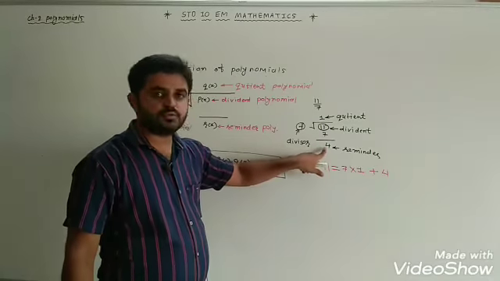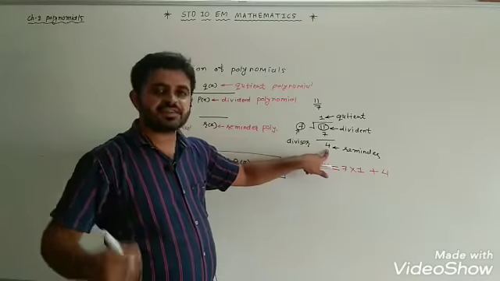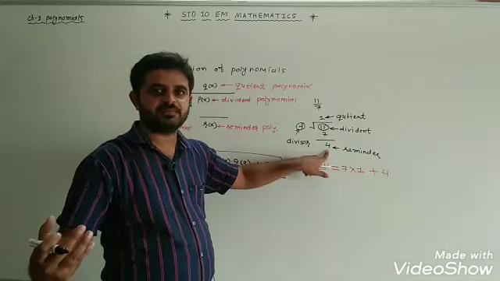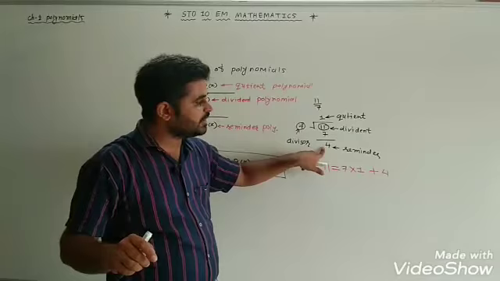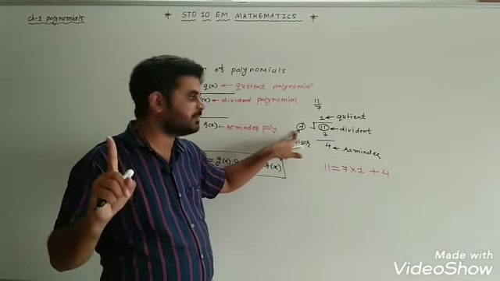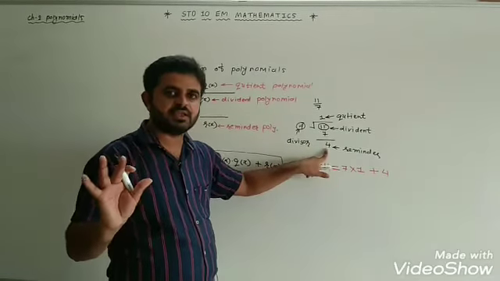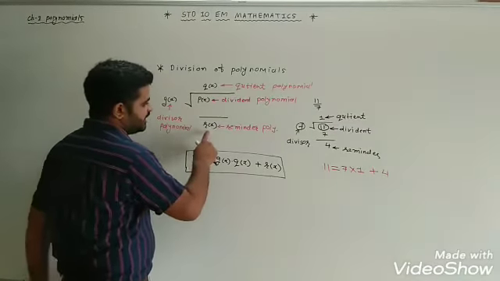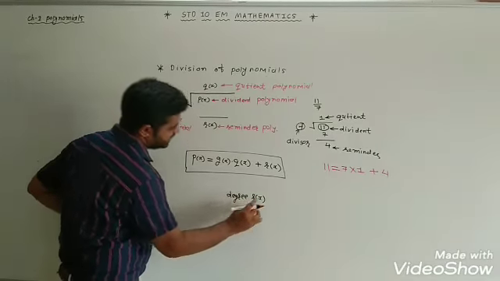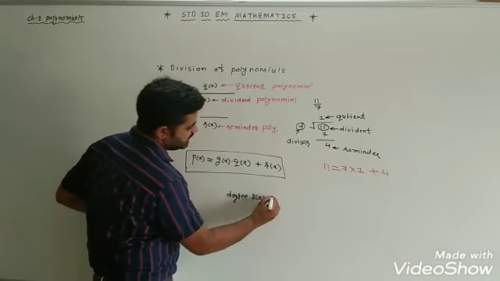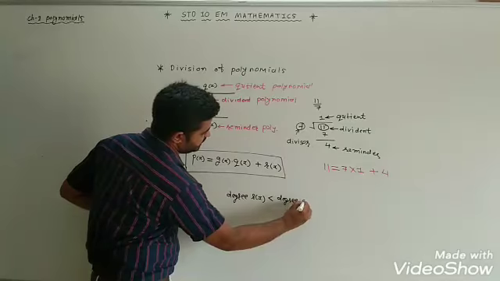Here the value of remainder is always less than the value of divisor. Here if 7 comes, then we will divide further. Okay, so here the answer is less than 7. It is compulsory. Whatever the value of remainder is, suppose the divisor is 7, then the remainder can be 0, 1, 2, 3, 4, 5 and 6. It cannot be 7. In the same way here, the degree of r of x, means remainder, the degree of remainder is always less than the degree of divisor, means g of x.